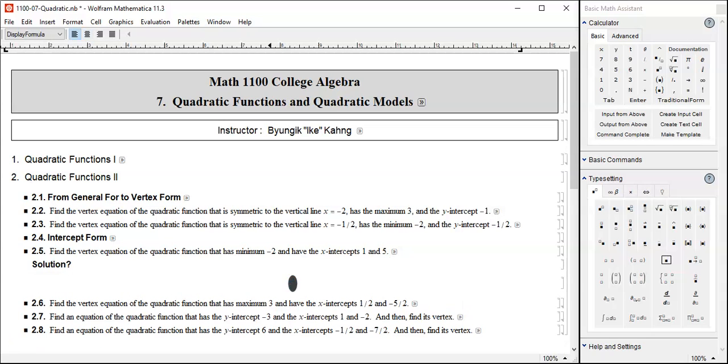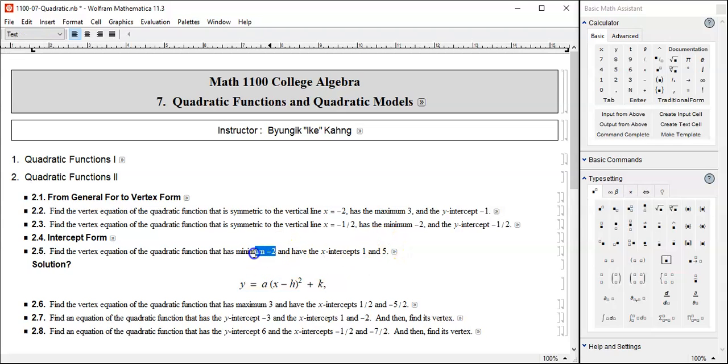And then what do we have? We want the vertex equation. And then the minimum is -2, so k is -2.